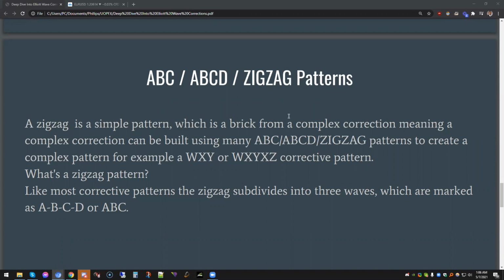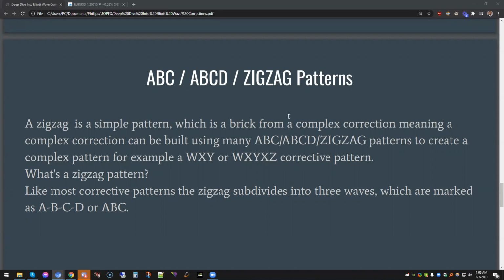Okay, so what is a zigzag pattern? Like most corrective patterns, a zigzag subdivides into three waves. So a zigzag pattern is another three-wave formation, very similar to a flat pattern, except it's not moving in a flat manner. It's more like it's trending up or trending down.